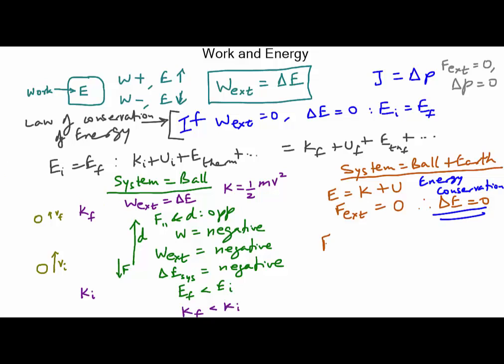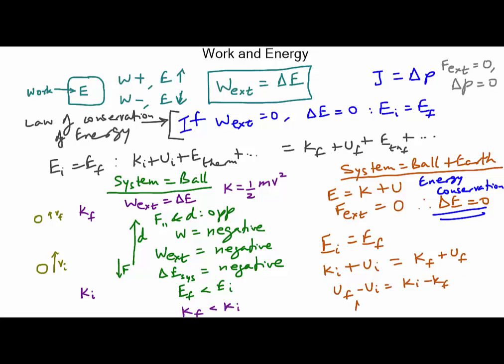So when energy is conserved, EI equals EF, and in this case EI is KI plus UI, and so that has to equal EF, which is KF plus UF. And I can rearrange this to say that UF minus UI equals KI minus KF.